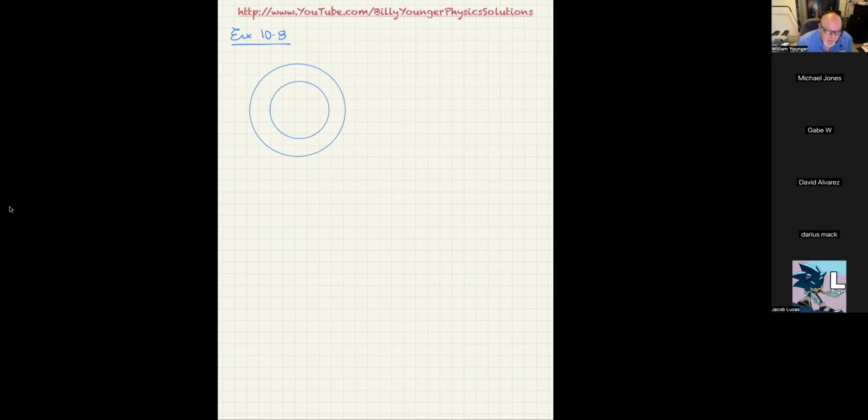So what we're going to say is this radius is RA, and this radius is RB, and I'm going to say RA is equal to 30 centimeters, and RB is equal to 50 centimeters. I'm assuming there are two sig figs on that.